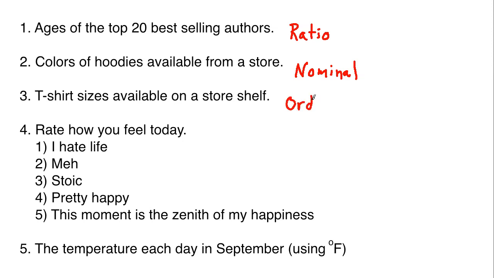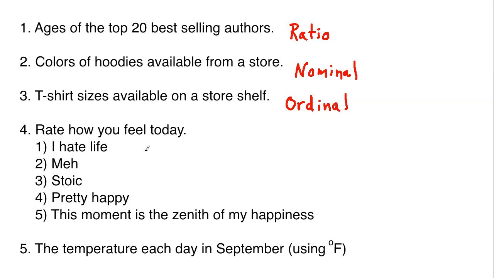So we are assuming that when you go to the store shelf, you're picking up a t-shirt and it says extra small, small, medium, large, extra large, 2XL, 3XL, etc. Those are not specific measurable sizes as you are reading them off of the t-shirt. You are just looking at a given set of shirt sizes that have some sort of order to them, but I cannot necessarily assign the actual numeric values.